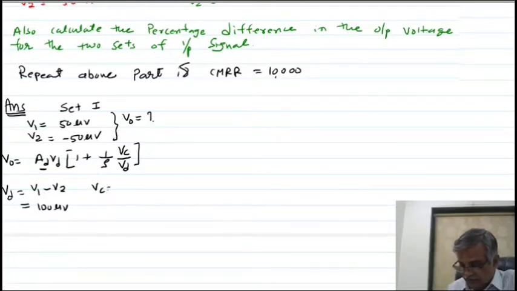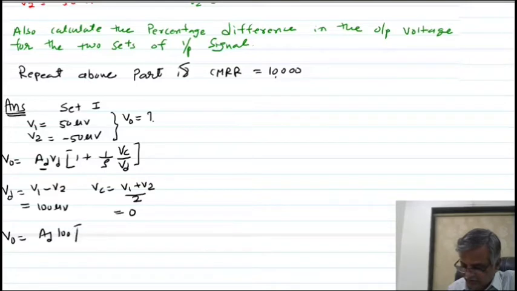What is Vc? V1 plus V2 by 2. So you can see it is 0. So VO is nothing but AD into 100, into 1 plus 1 upon 100 into 0 upon 100.